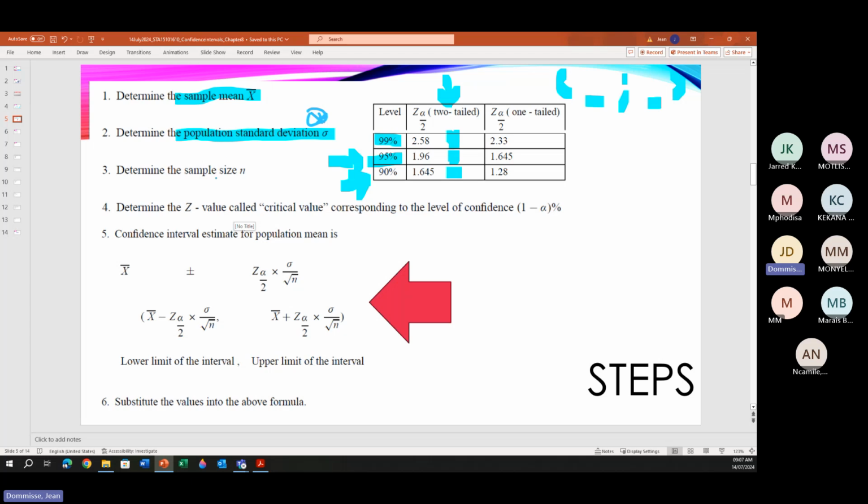We will work with a sample size, because in the formula you see there is a sample size. And then we will need to work out a critical value. But the critical value is aligned to what we have in this table. And I will probably copy this table every time that we do a sum.